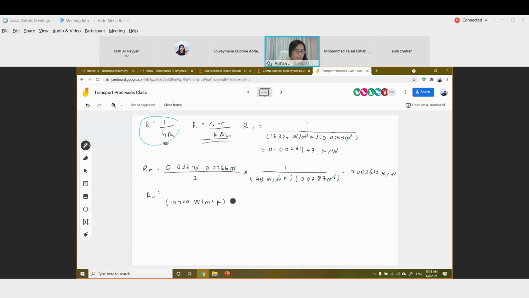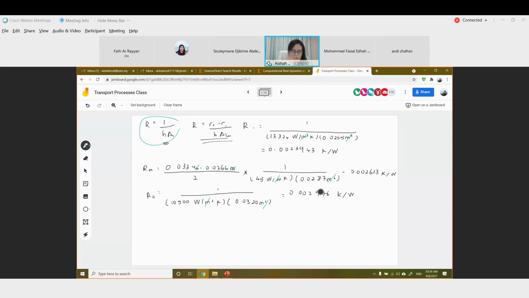We calculated the outside area just now to be 0.0320 meter squared. Again we can cross out meter squared, and you can calculate to get 0.002976, again Kelvin over watt.